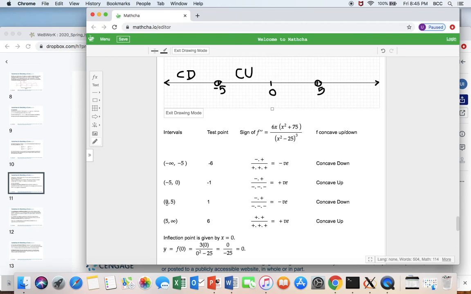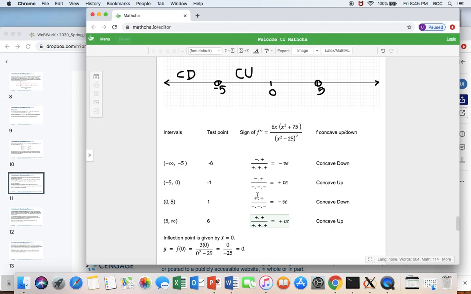All right. Third one, 0 to 5. Choose a test point. I have taken 1. 6 times 1. That should be a positive. Typo. Yeah. Upstairs, that's a positive. 1 squared is positive plus 75, positive.